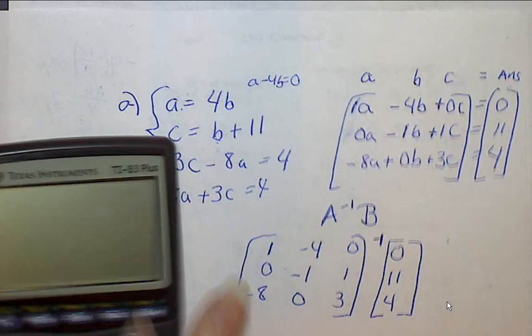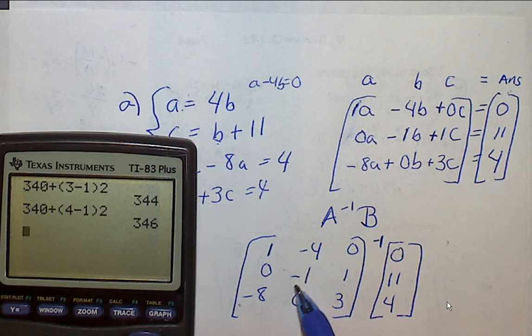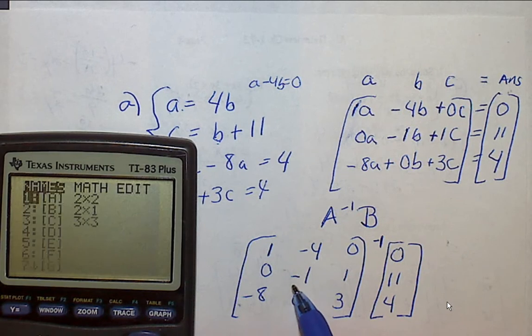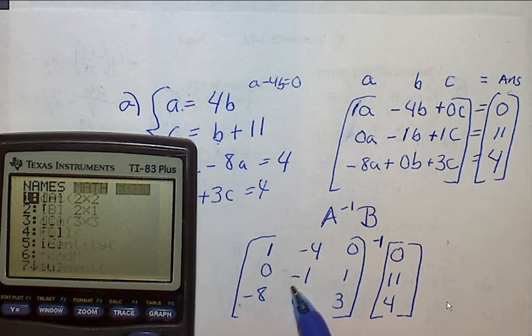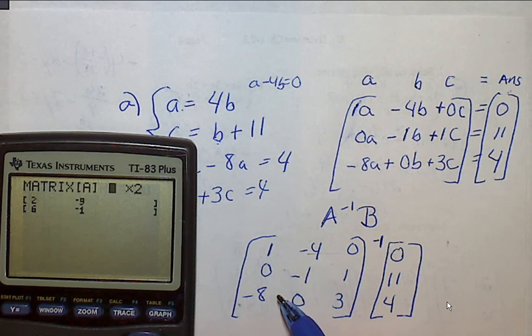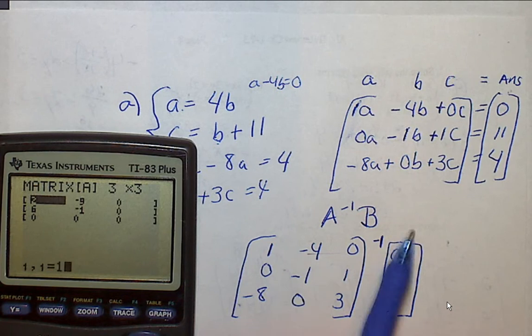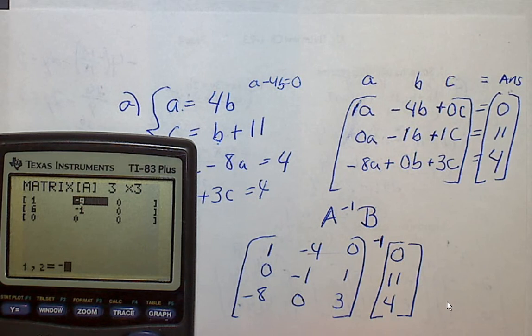So I have, clearing that out, second matrix, edit. Now I have a 3 by 3, and it's 1, negative 4, 0, 0, negative 1, 1, negative 8, 0, 3.